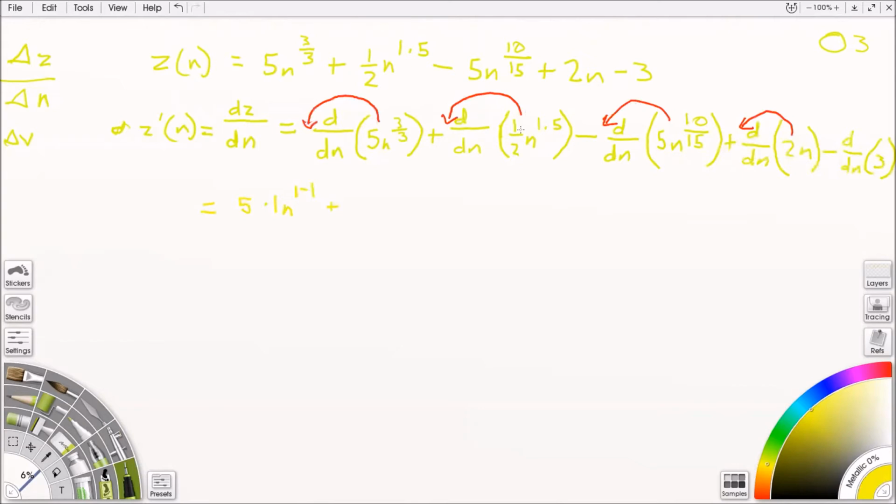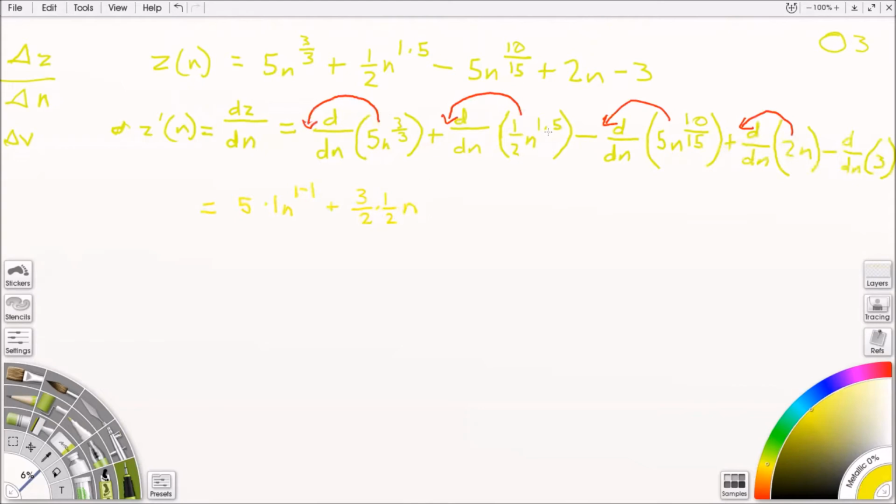Then we have a half with the exponent of 1.5. And 1.5 as a fraction is 3 over 2, which is handy because we can just bring down 3 over 2 multiplied by 1/2 and use a fraction rule to multiply them together.